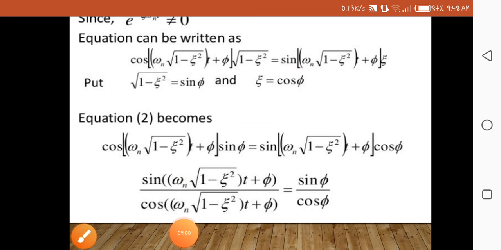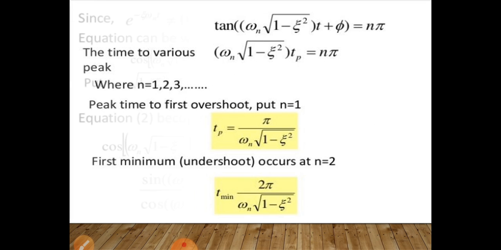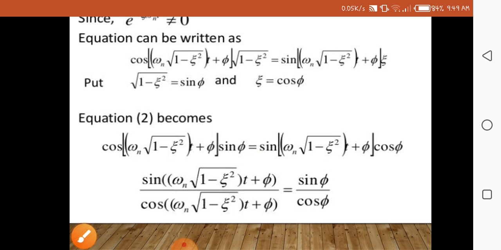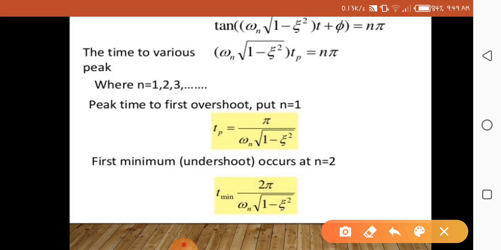Now after calculating this, sin omega n root 1 minus zeta square t plus phi by cos omega n root 1 minus zeta square t plus phi is equivalent to sin phi by cos phi. That is this. Now after solving this, it is represented as tan omega n root 1 minus zeta square t plus phi is equivalent to tan phi, which gives n pi.